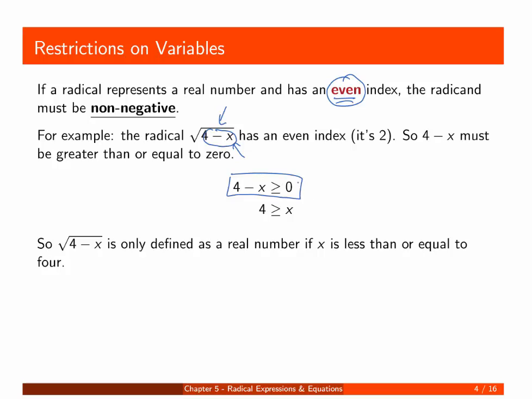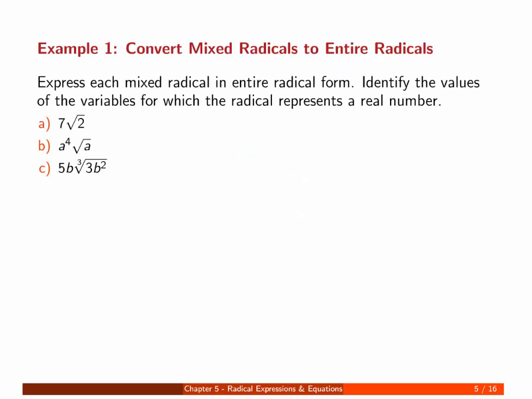So 4 minus x has to be greater than or equal to 0, which means 4 has to be greater than or equal to x. That means this expression is only defined when x is less than or equal to 4. Otherwise, this would be negative, and you can't compute these. These are undefined. Just to note that the square root of 0, or any root of 0, is equal to 0.